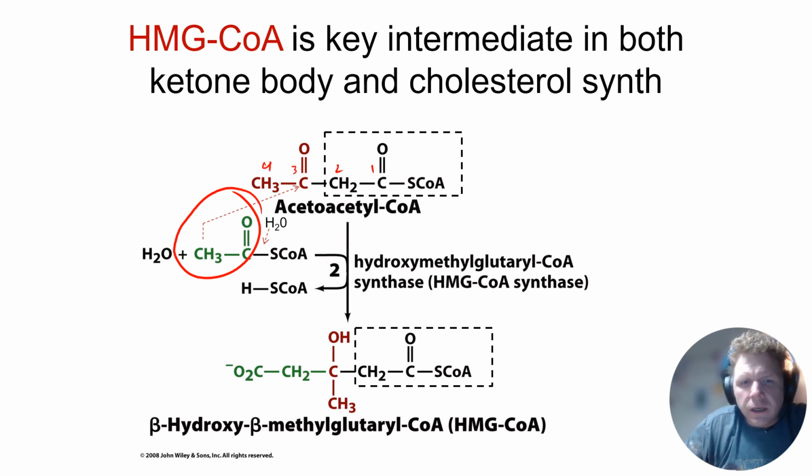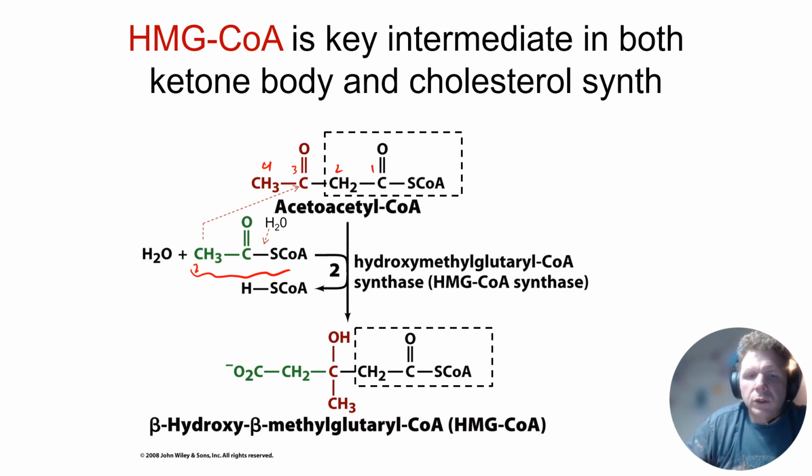We're going to take this acetyl-CoA, and take carbon number 2 on acetyl-CoA and form a bond between it and carbon number 3, which is going to result right here. Our terminal carbon in this molecule is CO2, and we see it depicted right there.